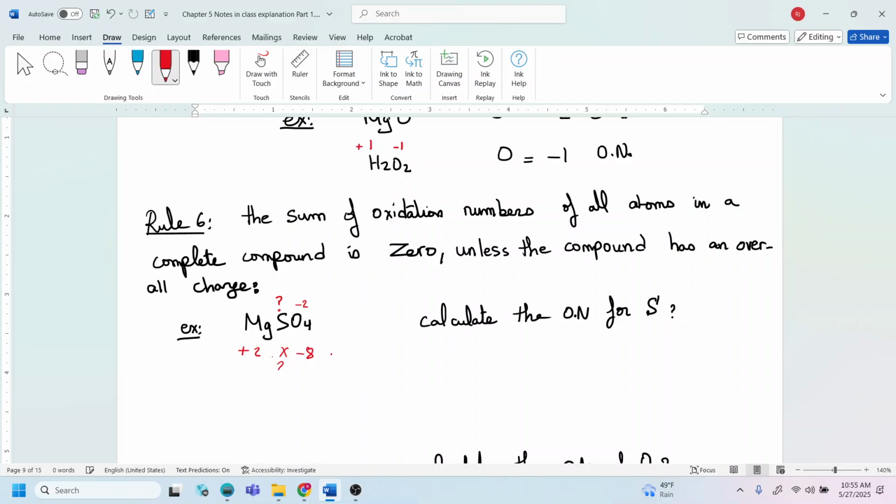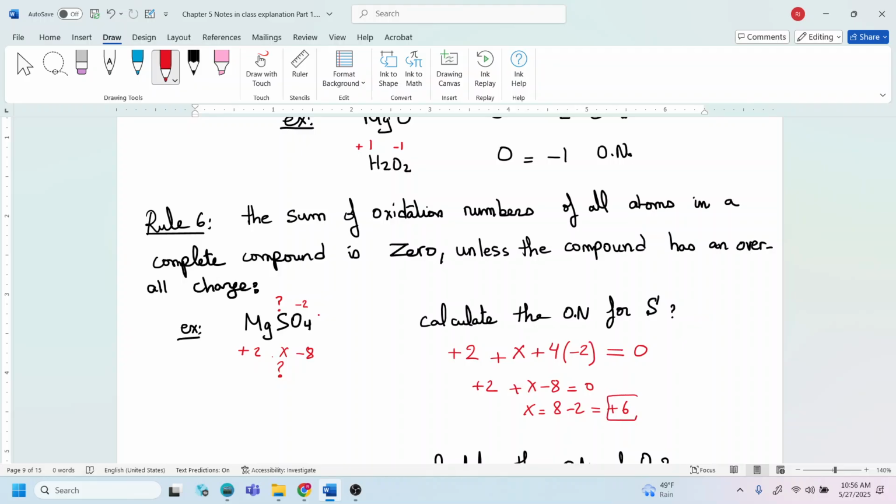I have no idea what sulfur is, so I'm just going to put it as an unknown, X. The whole molecule has a 0 charge, so this is equal to 0. Let's solve for X. +2 plus X minus 8 is equal to 0. X is equal to 8 minus 2, so that is equal to +6.